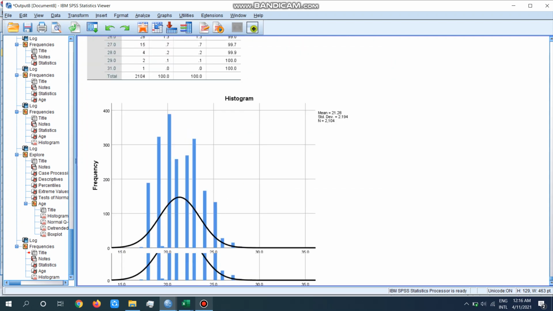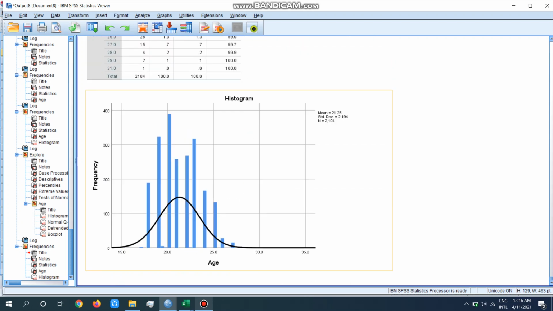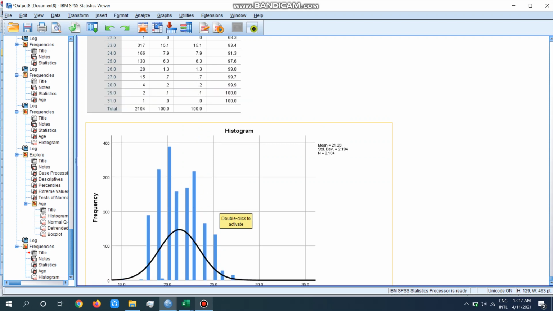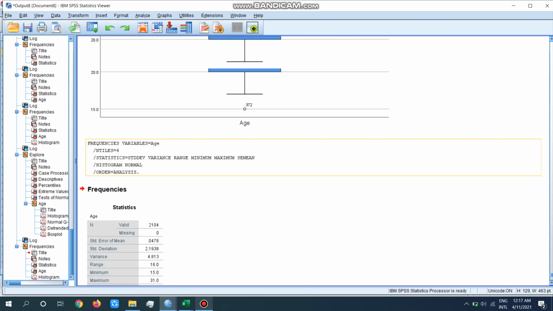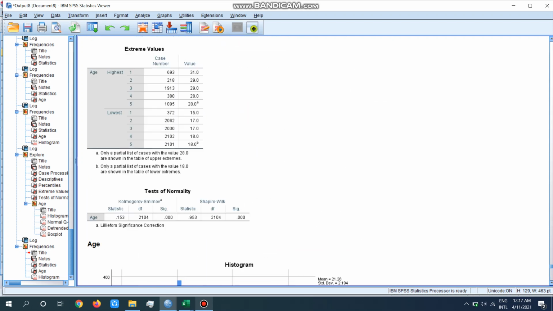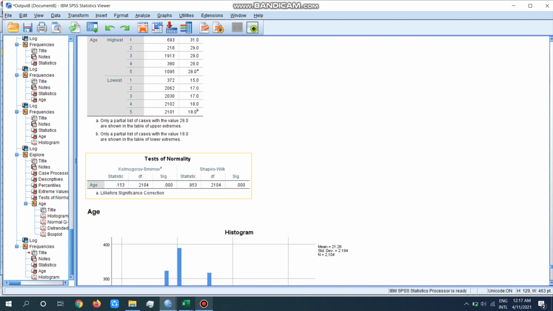And don't depend on just visualizing the histogram, because it's not always clear. Here in this example, it's clear that most of the data are falling outside the curve. But sometimes the data will look like they are under the curve and distributed normally. But we can't judge unless we do the Shapiro-Wilk test and check the significance of it.